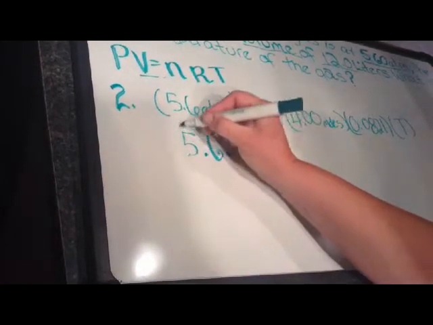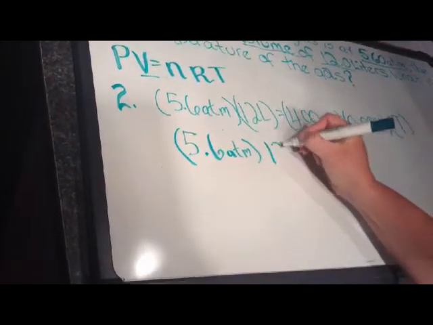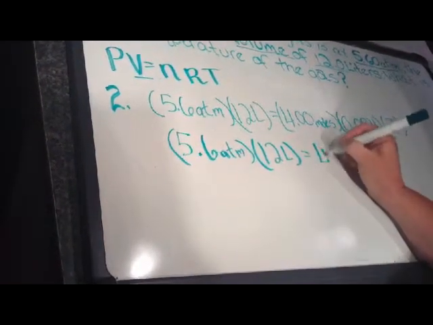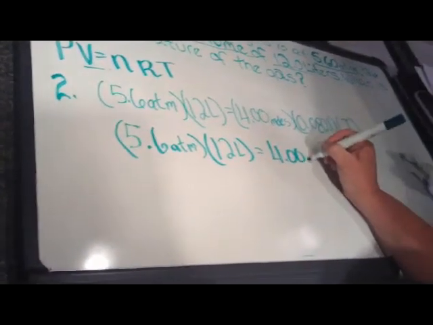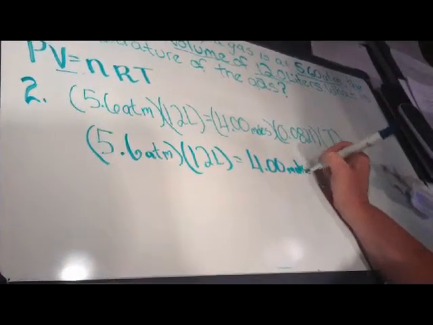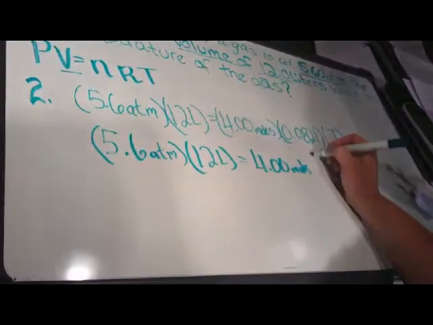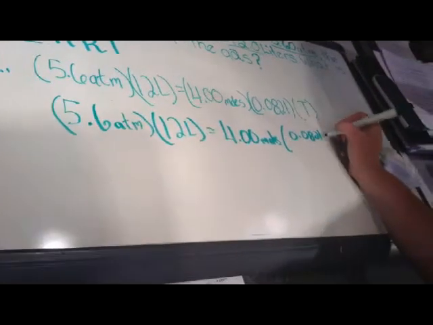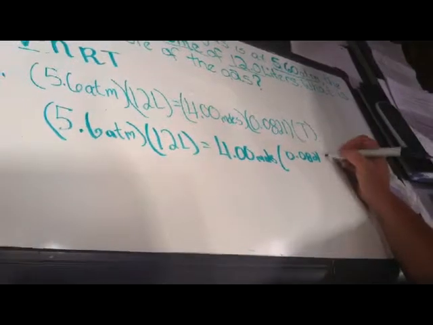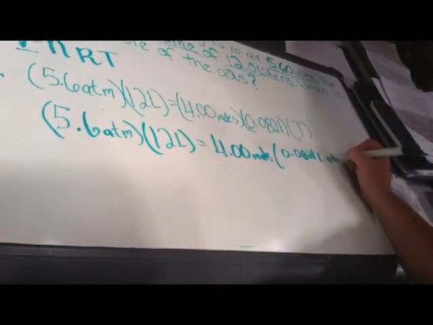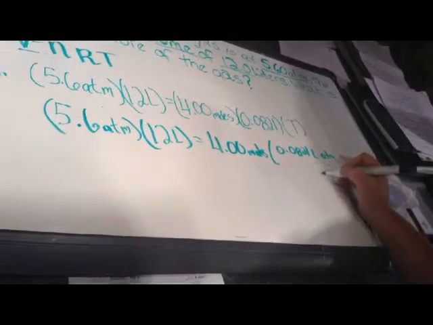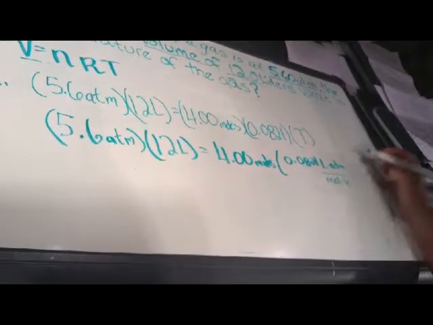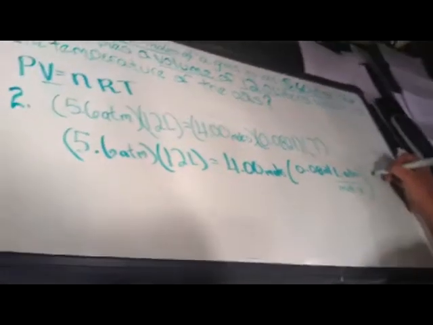So 5.6 atm times 12 liters equals 4.00 moles and 0.0821 L·atm over moles times Kelvin times the temperature.